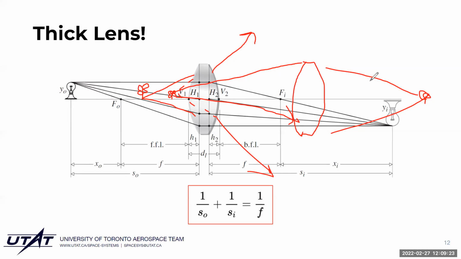This is very poorly drawn. Let me know if that makes sense. Because whether or not this forms an image is dependent on where this is with reference to this lens, not whether this is real or virtual. As soon as this, with respect to this lens, is placed in a location that qualifies it to form an image, which is in this case outside of this focal length, let's say this was F for this lens, this is out here, then we can form an image. Yeah, hope that answers.